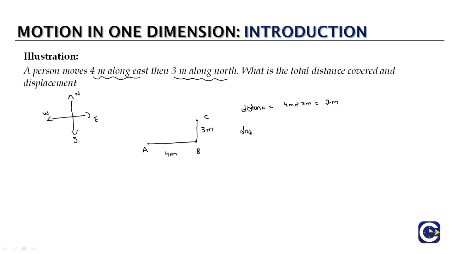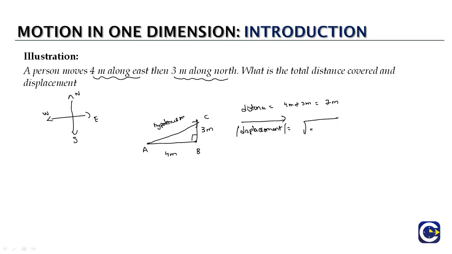When we want to talk about the displacement, it is a vector. So we can even represent this with a bar above. Displacement will have both magnitude as well as direction. Now the magnitude of the displacement will be given by the straight line distance from A to C, which is nothing but the length of the hypotenuse. Hypotenuse length in a right angle triangle, we can get it by using the Pythagoras theorem.